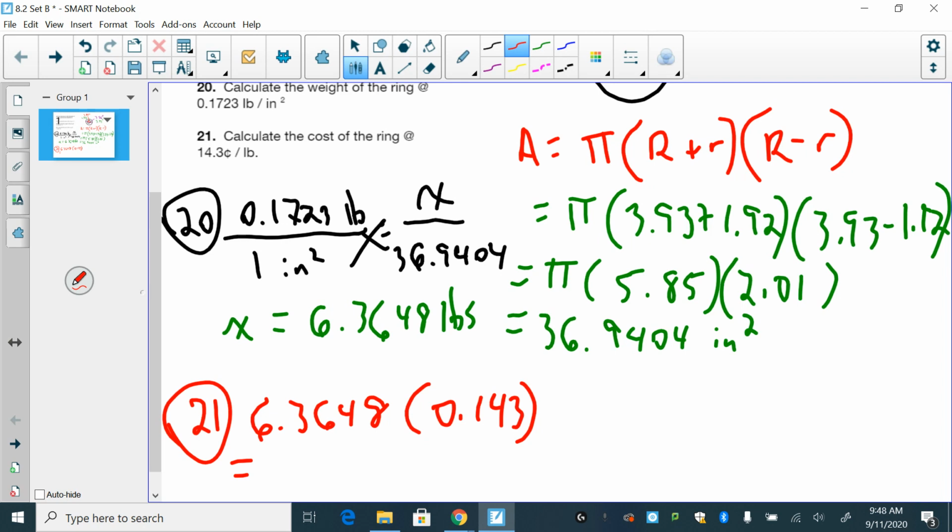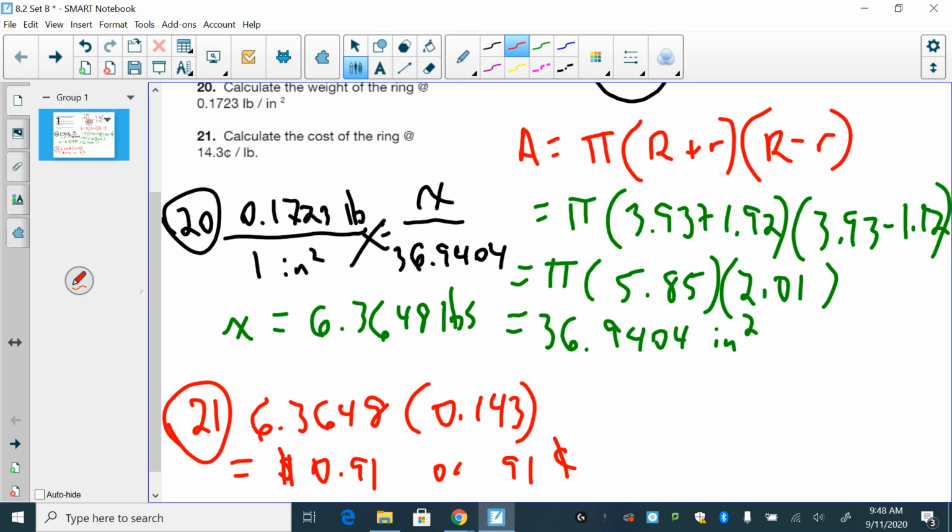Okay, so I know I'm working with dollars here, so I can either do the dollar sign of 0.91, or it's actually 91 cents. So you can write 91 with a cent symbol, that's fine.